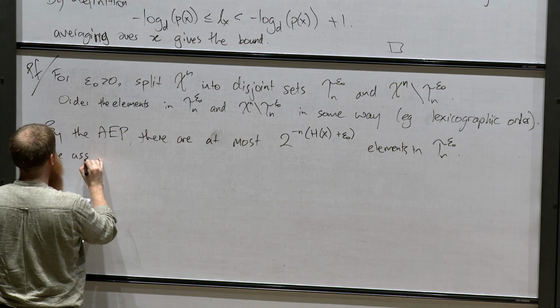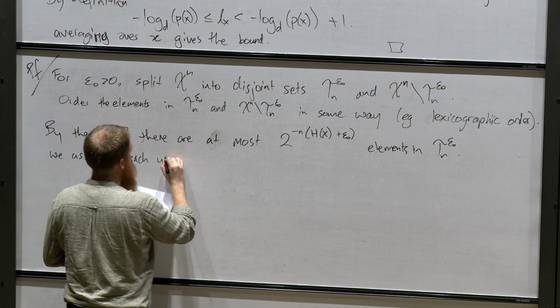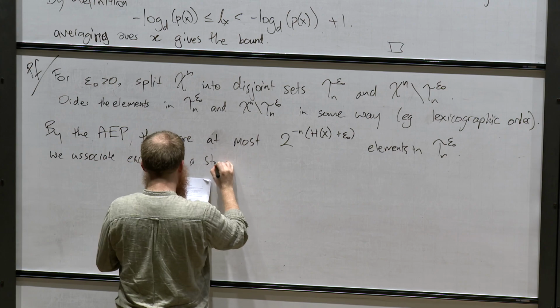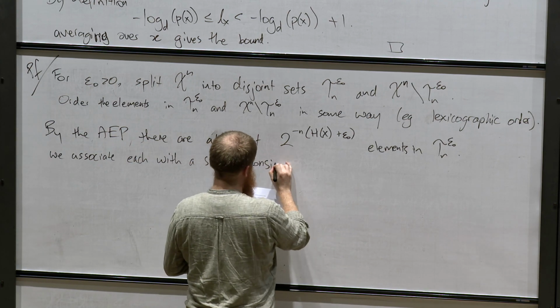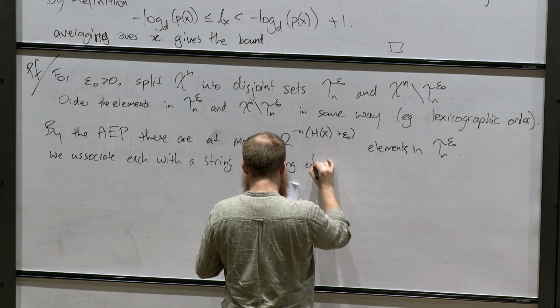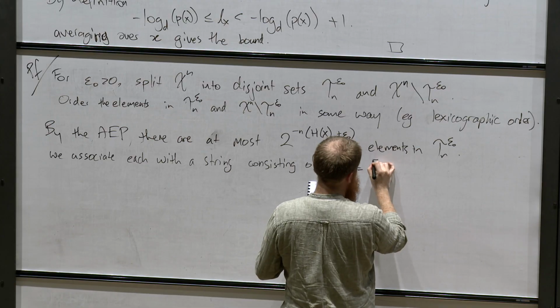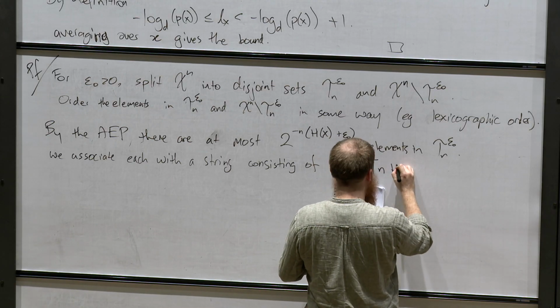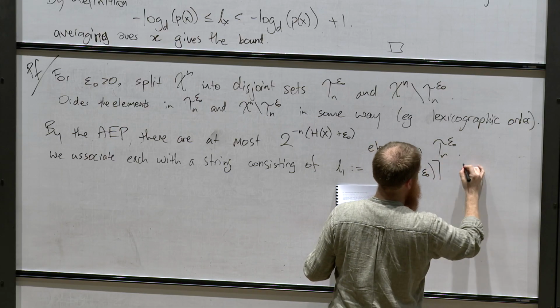We associate each with a string consisting of L1, which is defined to be the upper bound of n times H(X) plus epsilon naught bits.